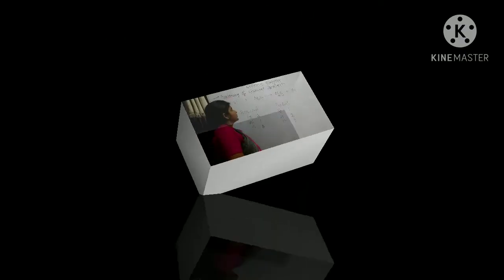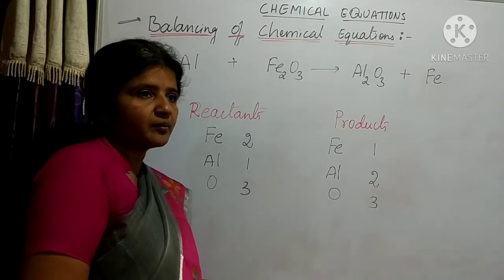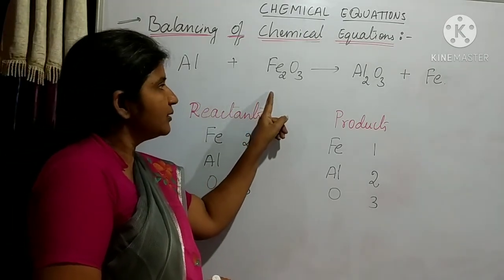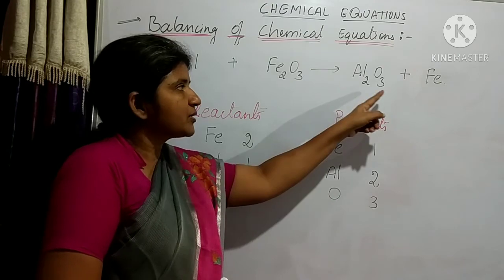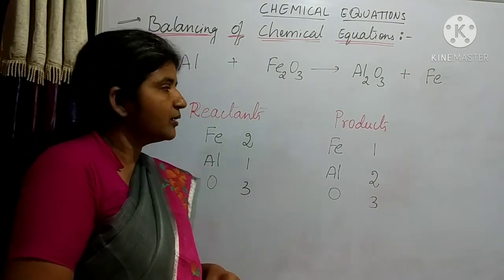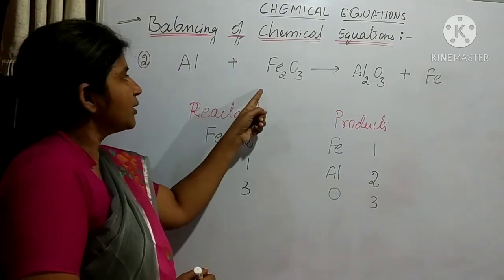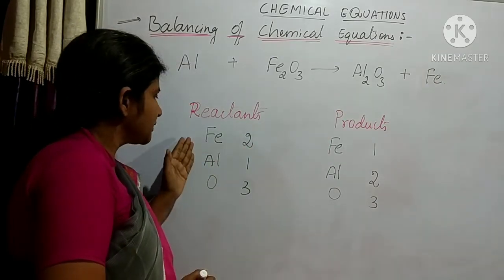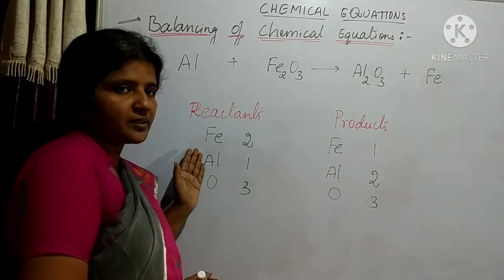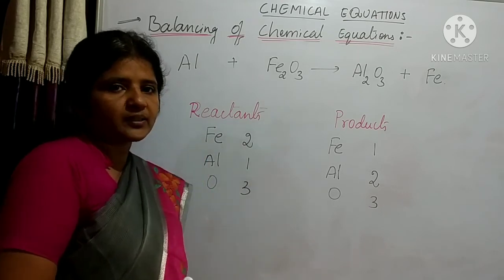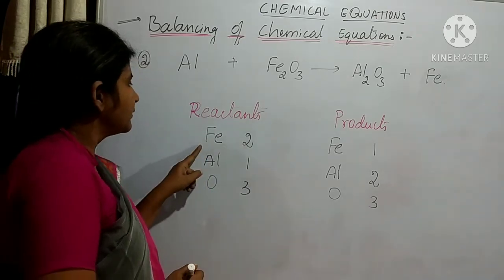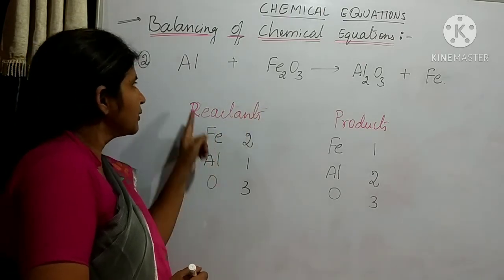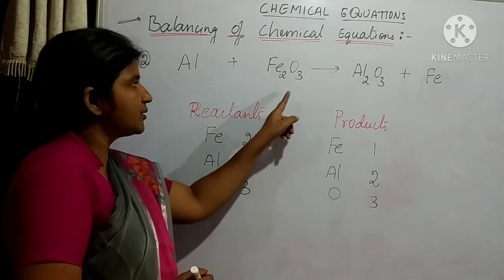Look at the next equation, beta. Here aluminium reacts with ferric oxide, giving aluminium oxide and iron. In this, these two are the reactants and those are the products. List out the elements and how many are present on the reactant side and product side. Iron on the reactant side: 2, aluminium 1, oxygens 3.